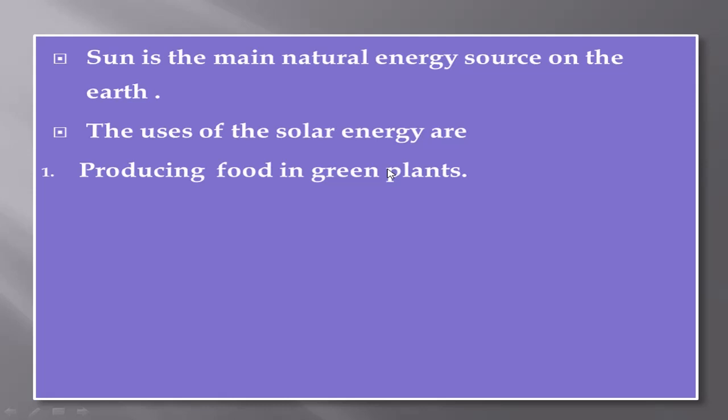The raw materials of photosynthesis are carbon dioxide and water. Carbon dioxide is taken from the atmosphere, water is taken from the soil. The main product of photosynthesis is food, if not glucose. The byproduct of photosynthesis is oxygen.